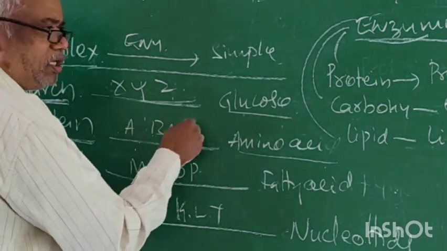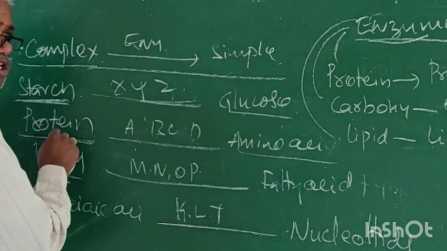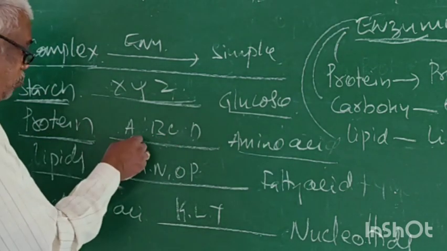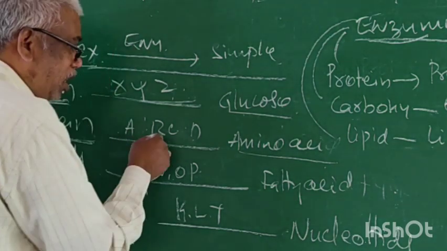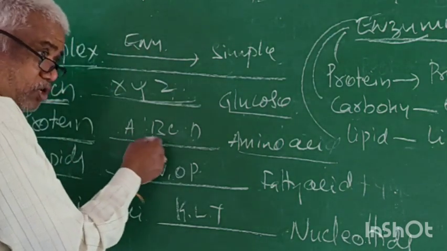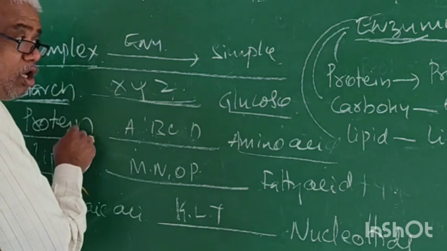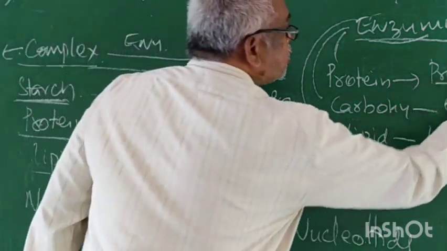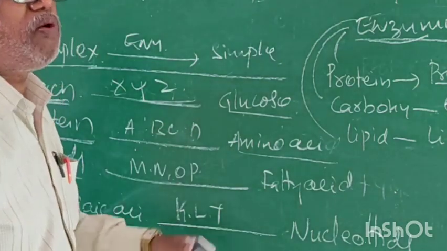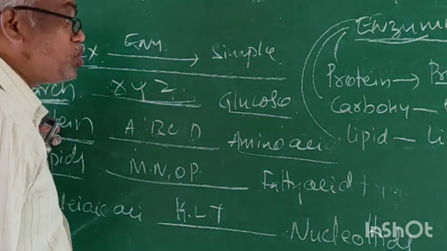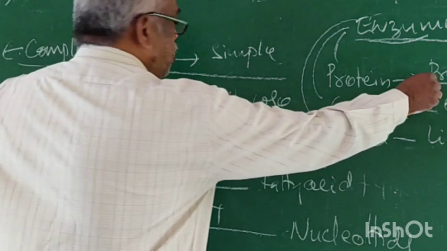A, B, C, D. In all these four enzymes, there is a reaction on proteins, and they are called proteases. Proteases is not a single enzyme, it is a group of enzymes which work on protein.